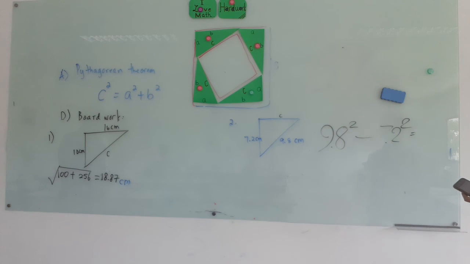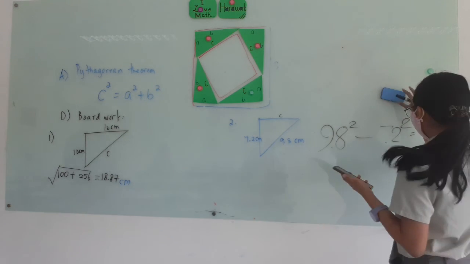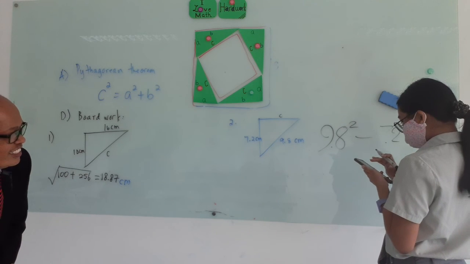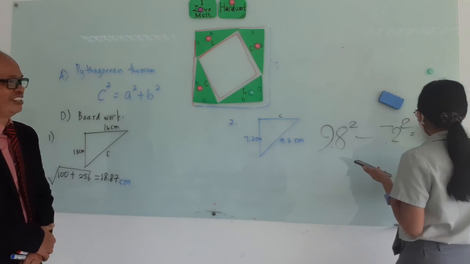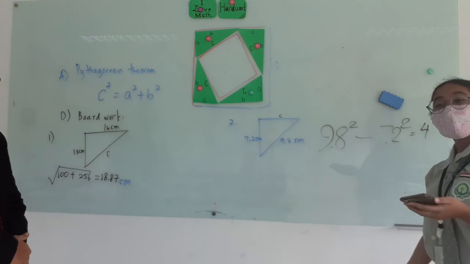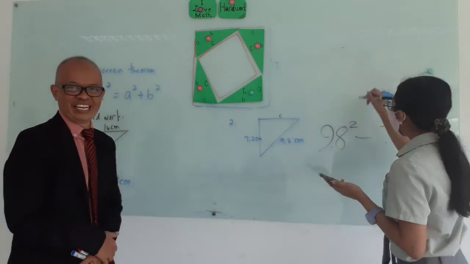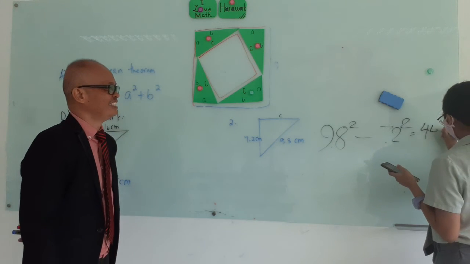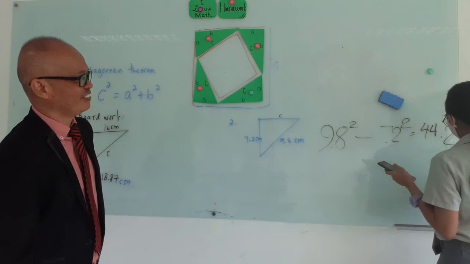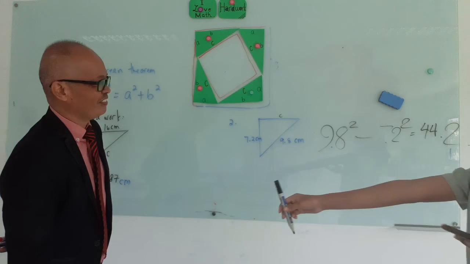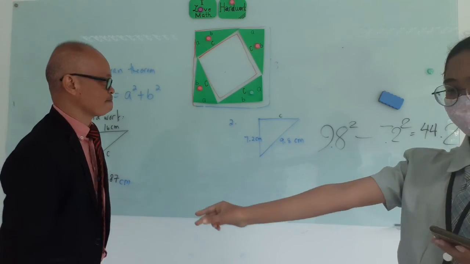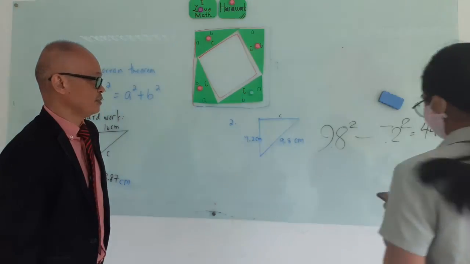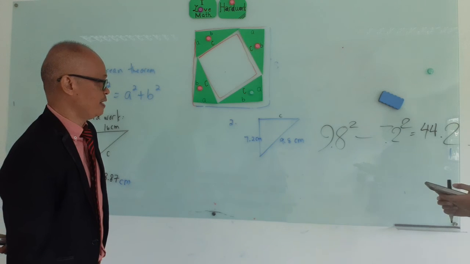Too big. No, don't need. Just write the answer. Can you make it bigger? You blind? That is big enough. It's just too big. So what is your answer? That is your answer? All right.